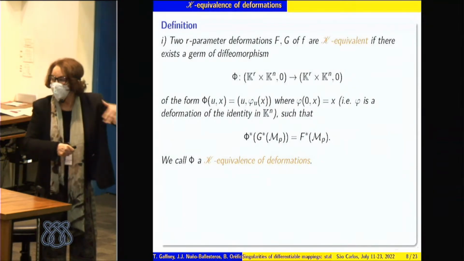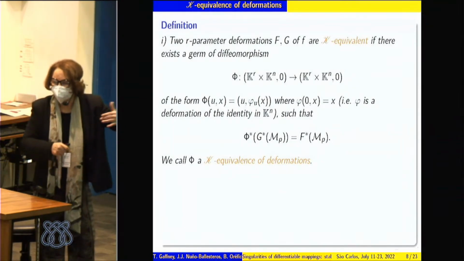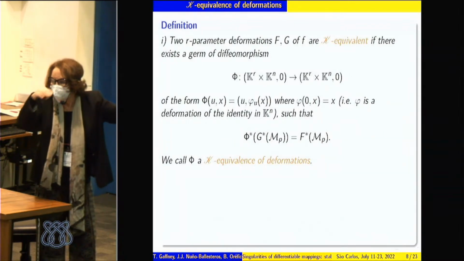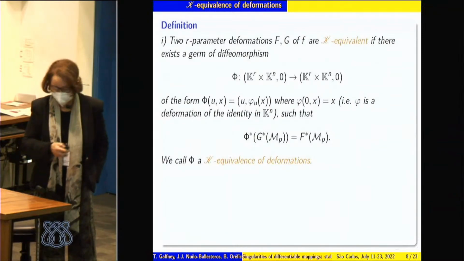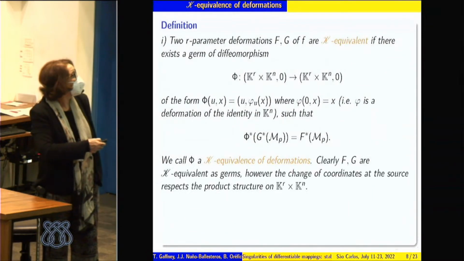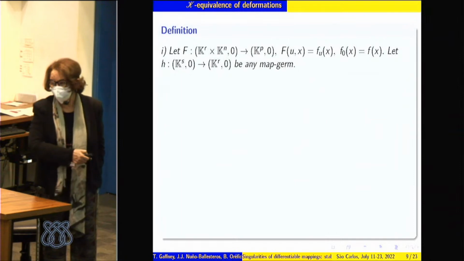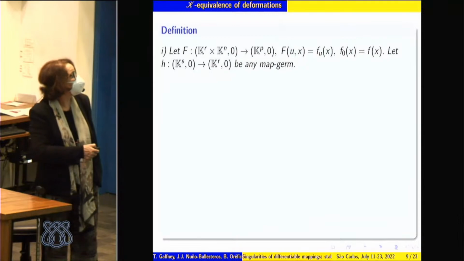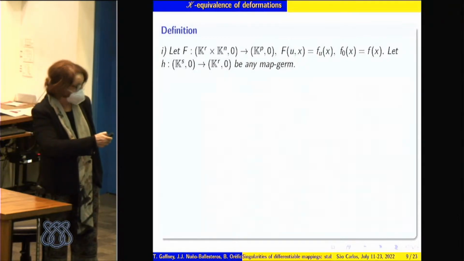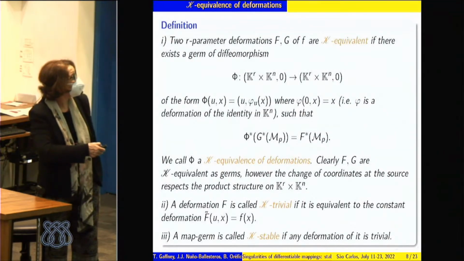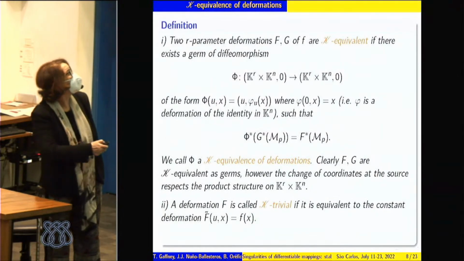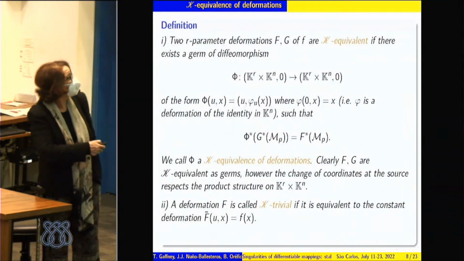In other words, equivalence of unfoldings gives an isomorphism of the corresponding elements of the family. Okay? When I say unfolding, forgive me, I mean deformations.